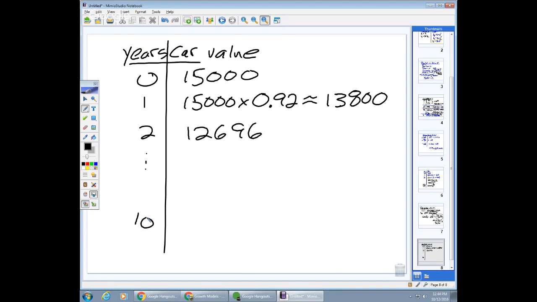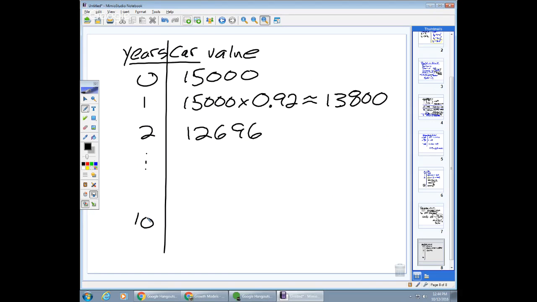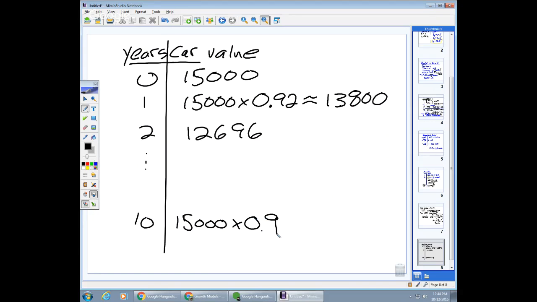Okay. Now, if I want to jump on down to like the 10th year, without repeatedly multiplying, I just consider how many times I need to multiply. I started at 15,000. I want to multiply by 0.92 a bunch of times. Well, in the first year, I had one multiplication. The second year led to a second multiplication.